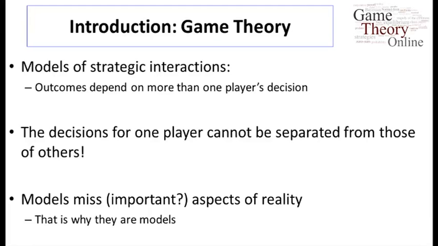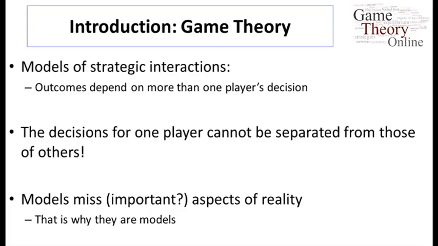So it's really well suited for understanding interactions where people have the ability to understand how their decisions are going to be affected by other people's actions. Obviously in this course we'll be working with models, and the idea in order to make things tractable is to somehow simplify and abstract away from some details.